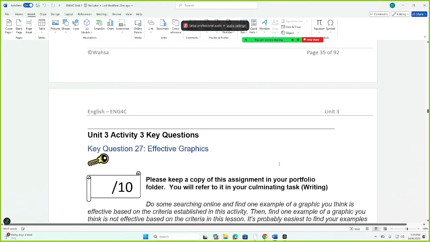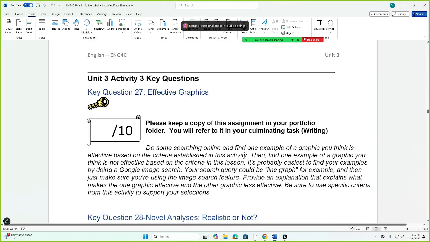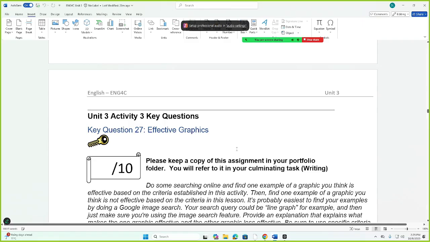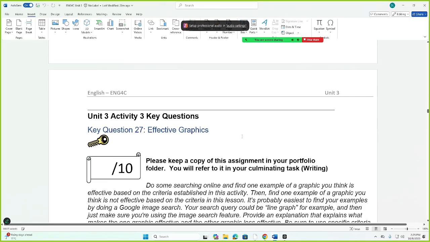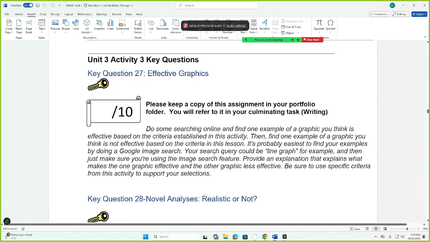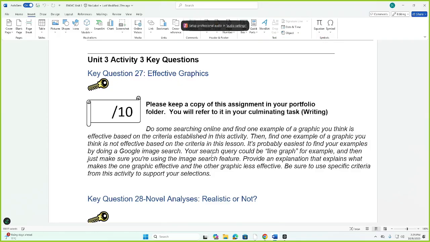Okay, so we have the key question, which we'll go over here now for this part of the activity. And then I have a website that I will take you to that will run through good and bad graphics.